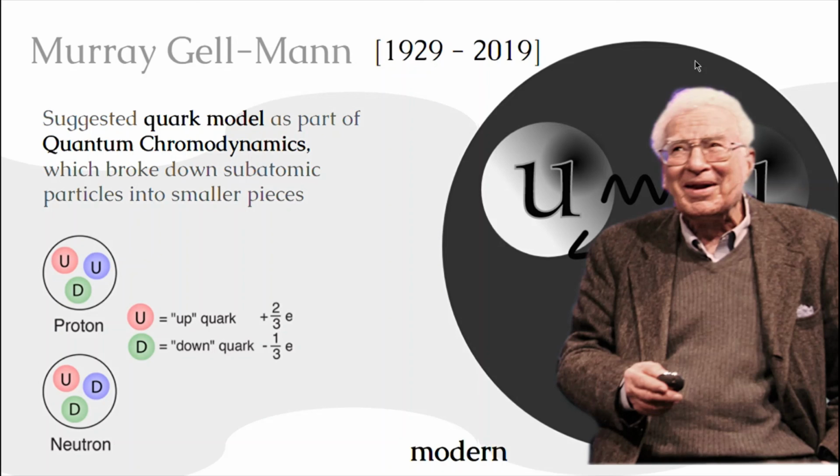But that tangent aside, you can see that 2/3 plus 2/3 minus 1/3 is, sorry, 3/3, or 1. And that's the amount of charge a proton has. Now, as for a neutron, you have 2/3 minus 1/3 minus 1/3, which just gives you 0. And so this is the quark model of the atom.